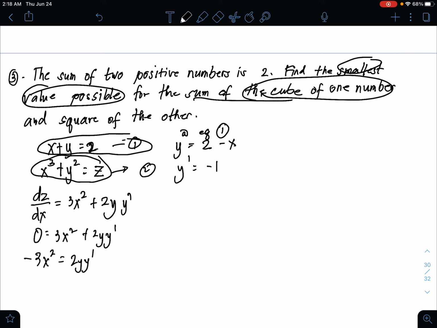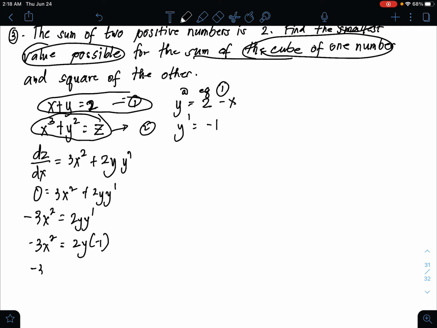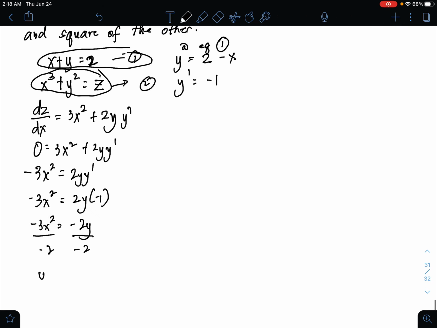Therefore, negative 3x squared is equal to 2y times negative 1. Then this is negative 3x squared is equal to negative 2y. Divide both sides by negative 2. So therefore, the value of y is 3 halves x squared.